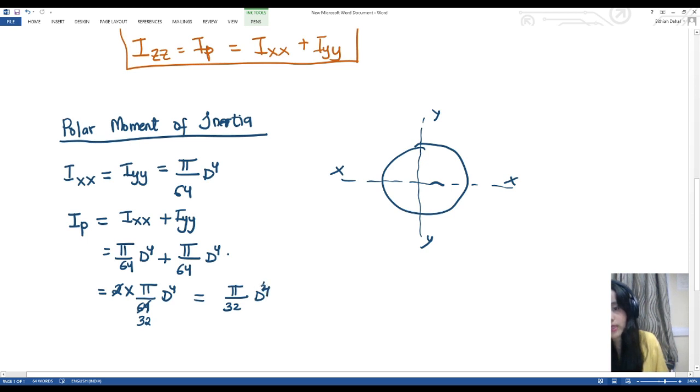So my IP is equal to pi by 32 d raised to power 4. This is the polar moment of inertia for a circular section.